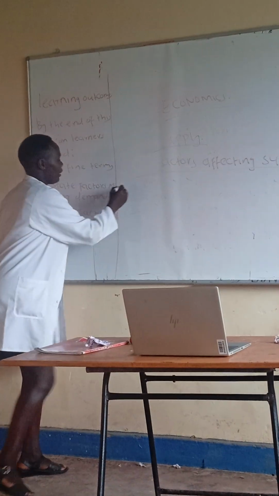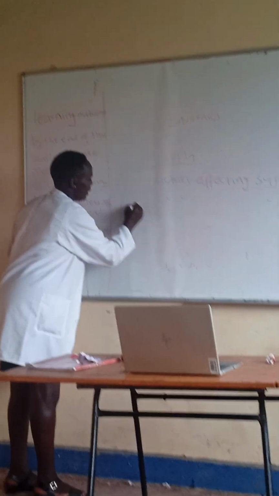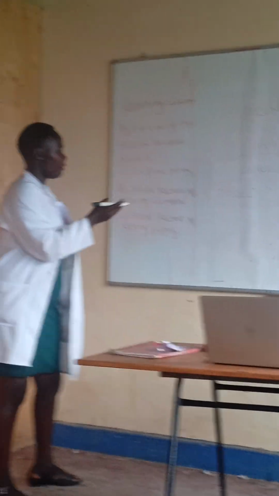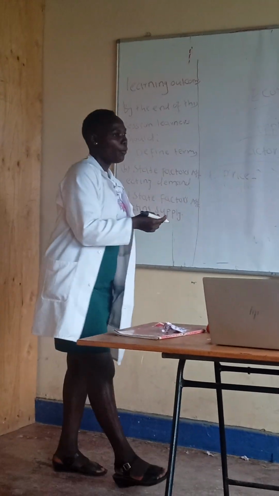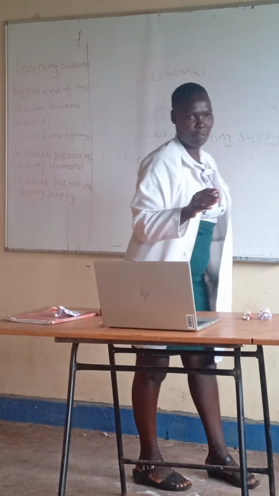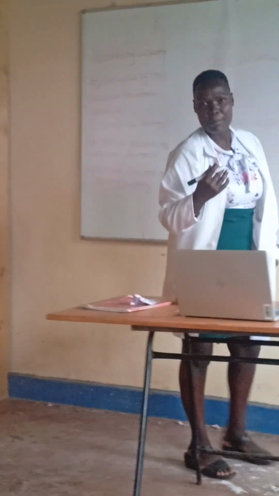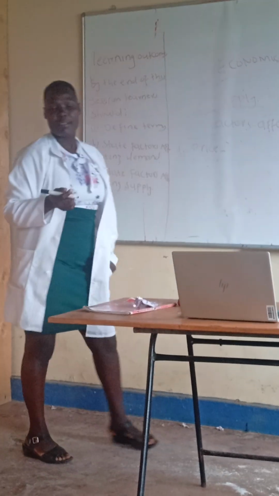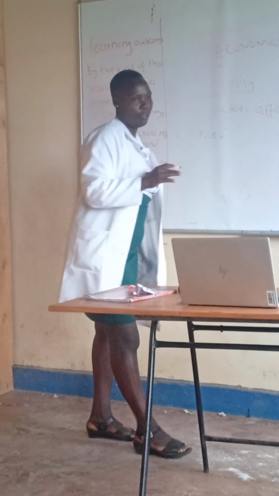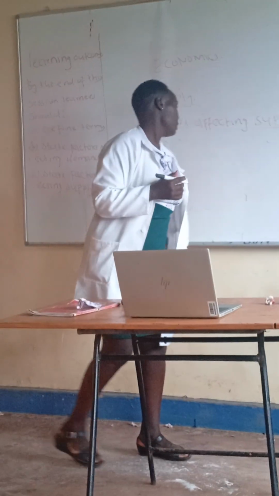Now these factors, we have the price. How can the price affect the supply? Now, the higher the price, if that commodity is very expensive, will the farmer be able to supply more? No, because the consumers will not be able to afford it.